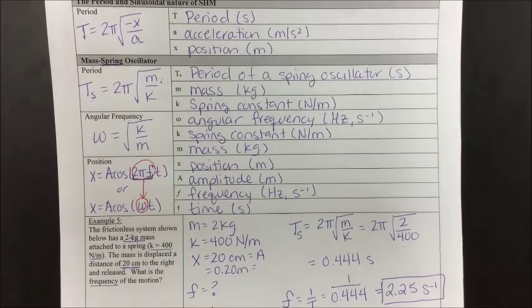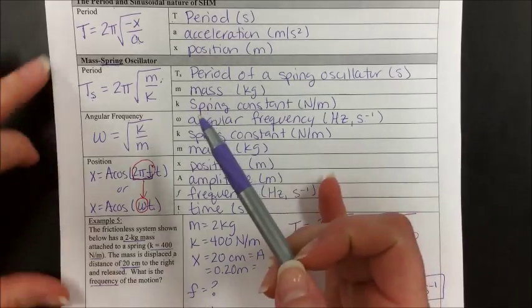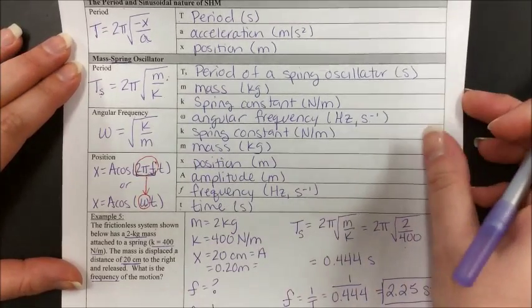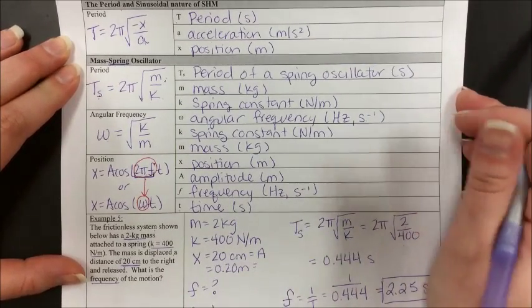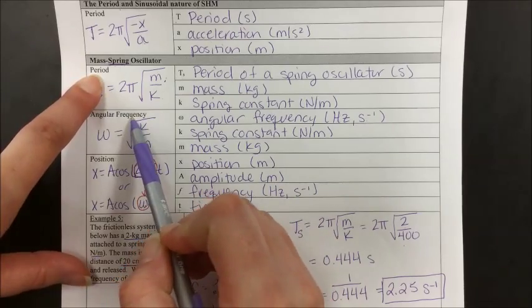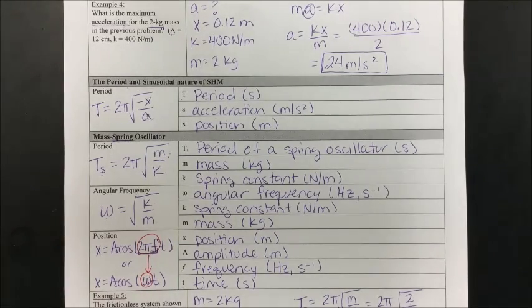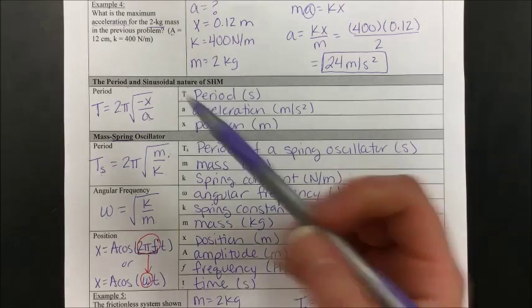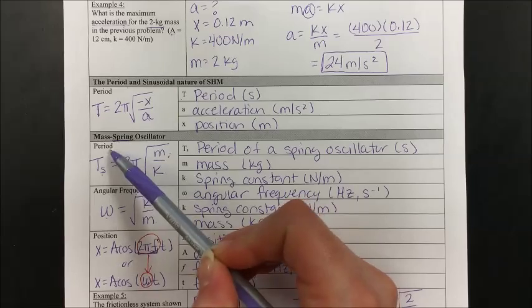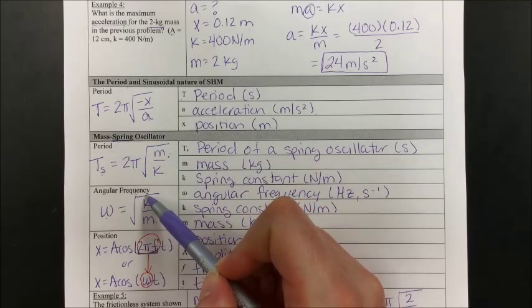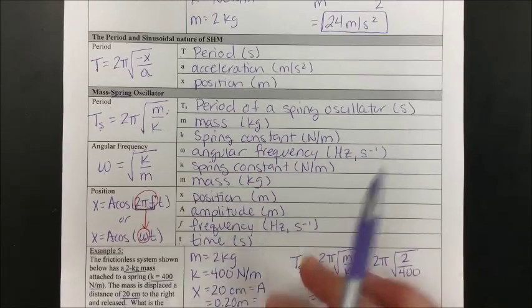Okay, today I wanted to start by pointing out something that you may not have realized yesterday. I wanted to talk about period and angular frequency and the relationship between the two.